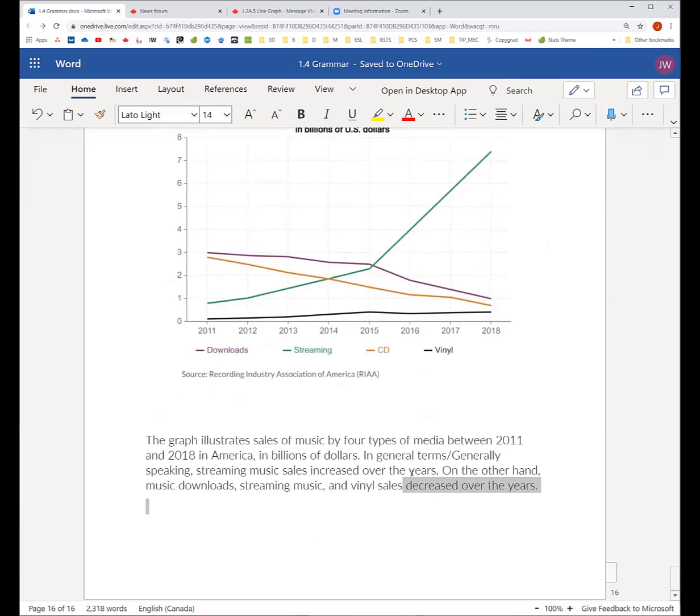Okay, and say streaming music sales, download music and CD music sales show similar patterns.